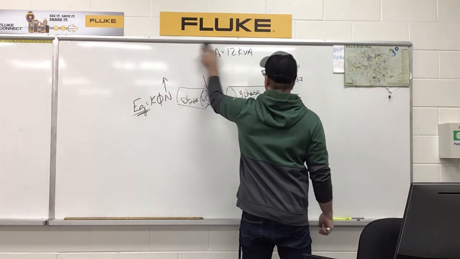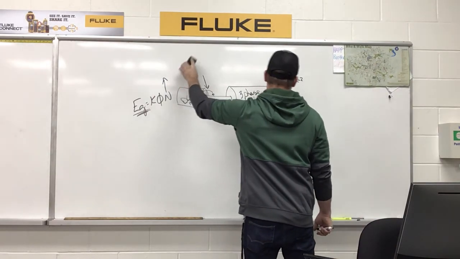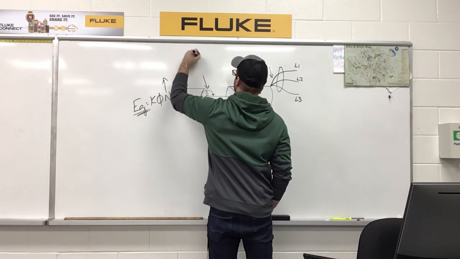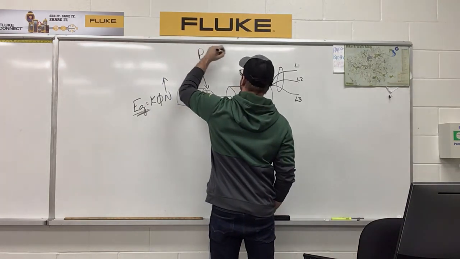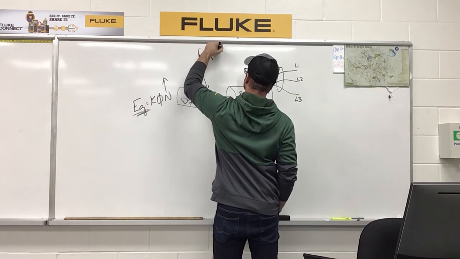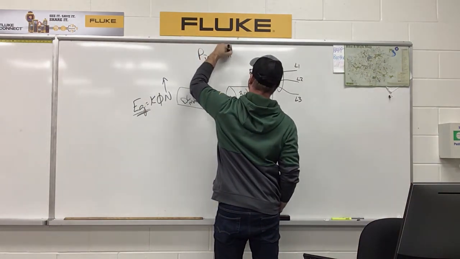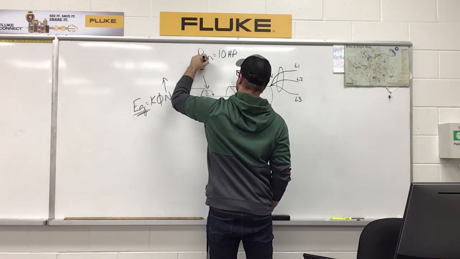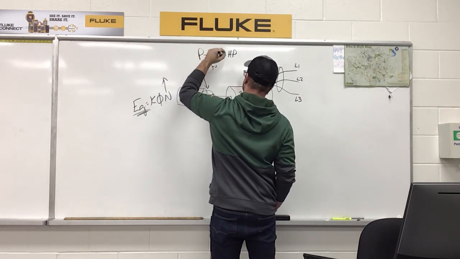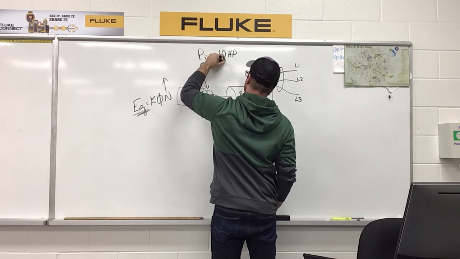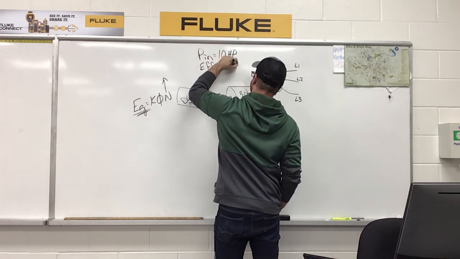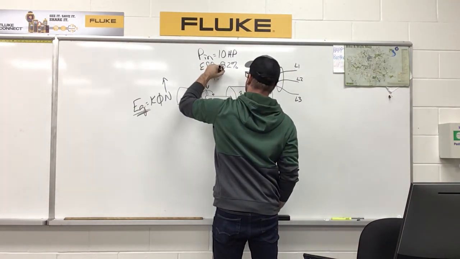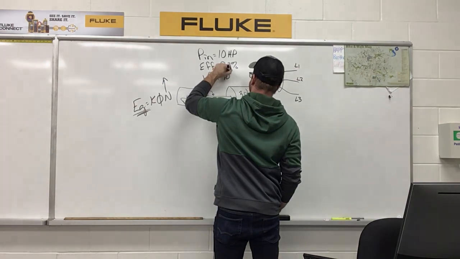So now we are going to start out with a power in of, let's do 10 horsepower. We've got an efficiency of 82% and a power factor of, let's do 90%.